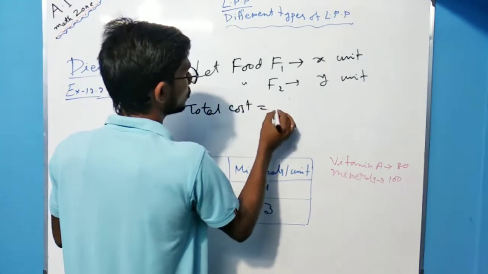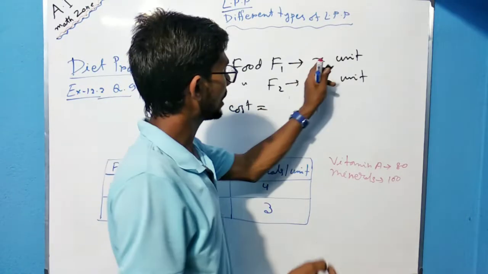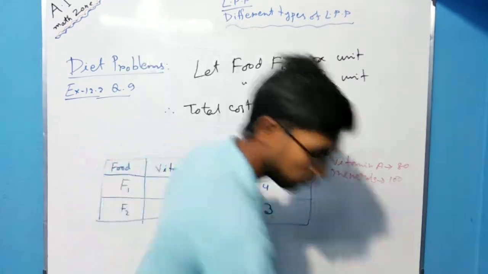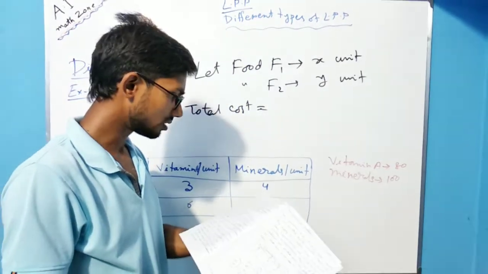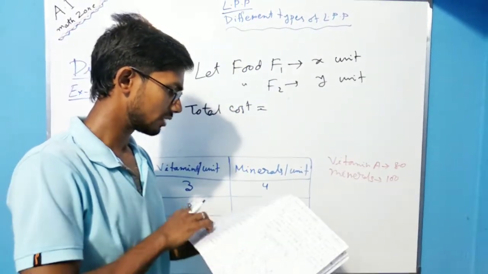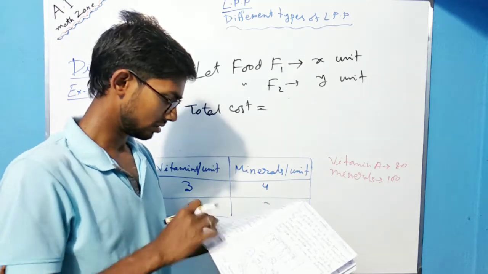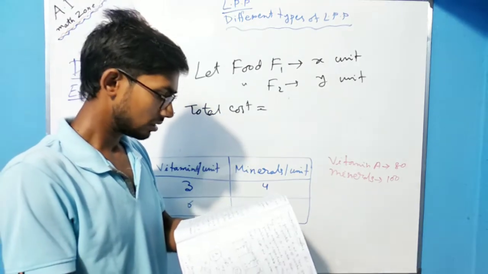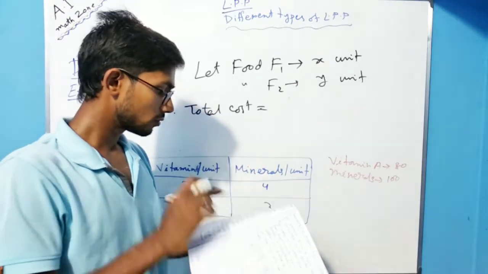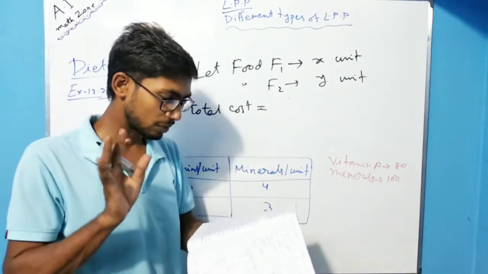cost equals per unit food F1, see the question here, food F1 costs 4 rupees per unit, right?